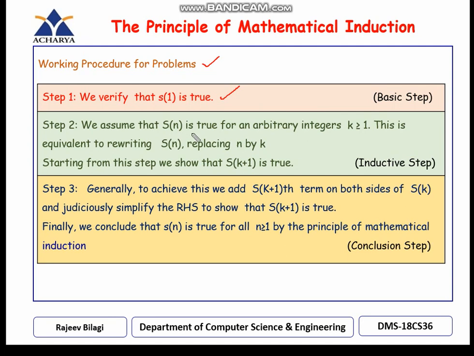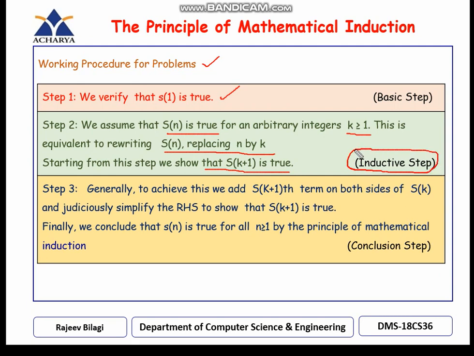We will assume that S of n is true for k, which is greater than or equal to 1, which is equivalent to rewriting S of n by replacing n by k. Starting from this, we can show that S of k plus 1 is also true. This is called the inductive step.